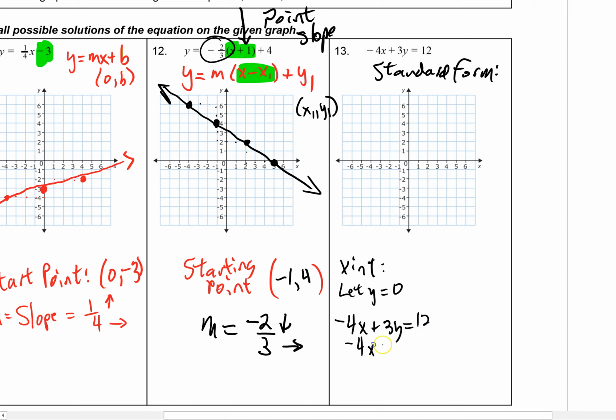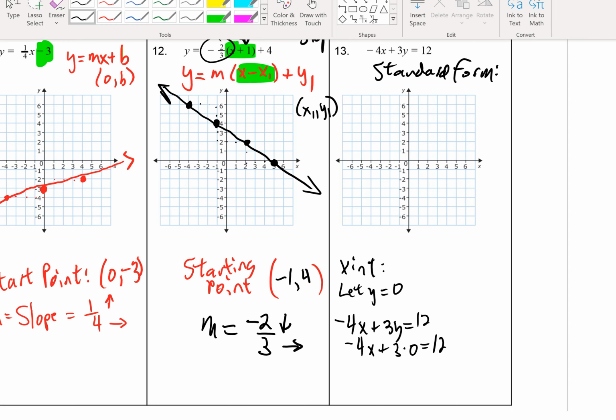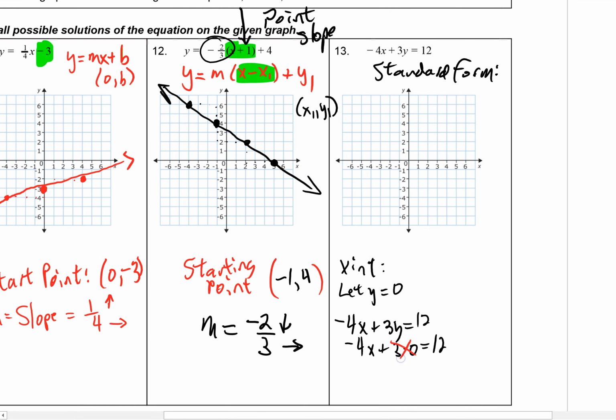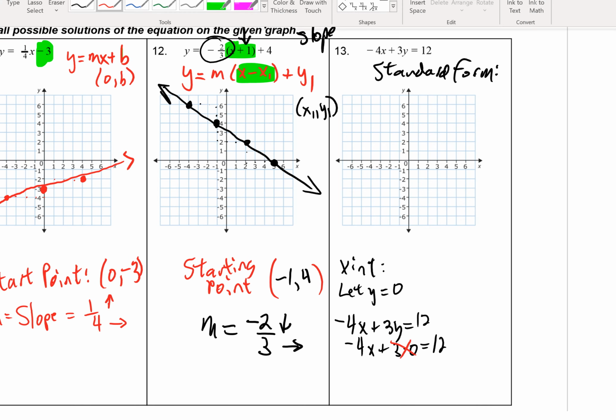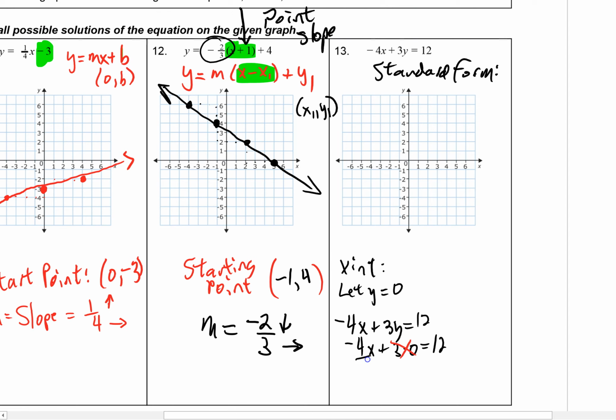That's negative 4x plus 3 times 0 is equal to 12. And I hope you can see that's going to be gone. Then what? Well, we can divide by negative 4, and we'll get x is equal to negative 3. Our x-intercept is (negative 3, 0).